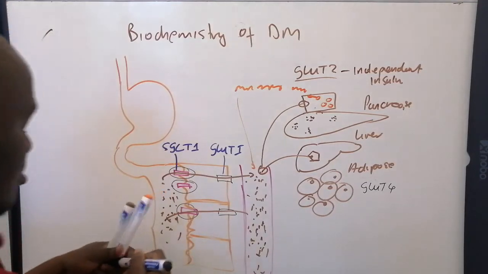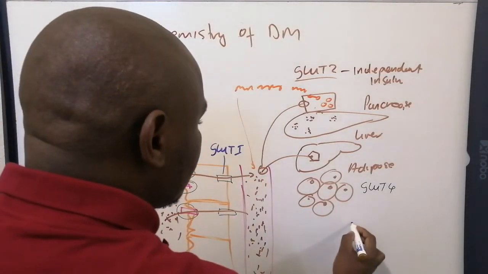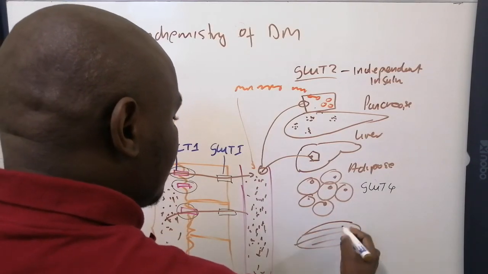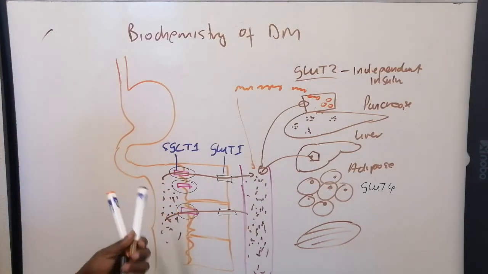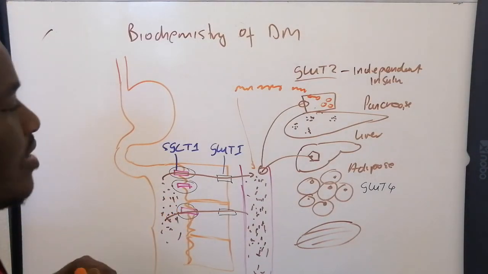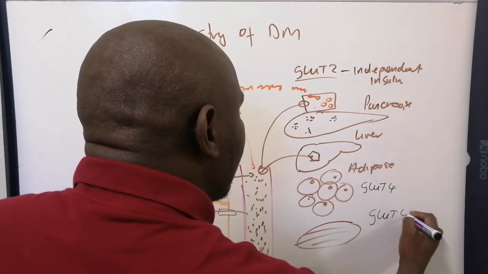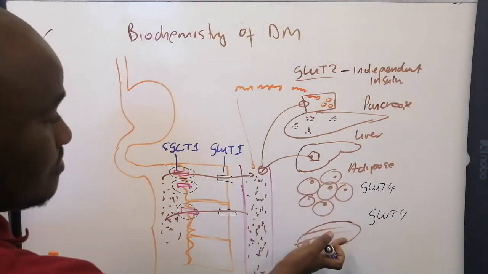And also the muscles, they've got GLUT4 transporters. Even the muscles in our bodies, they've got GLUT4 transporters. Right? But these GLUT4 transporters, when there is no insulin, they are stored or they are kept inside these cells.